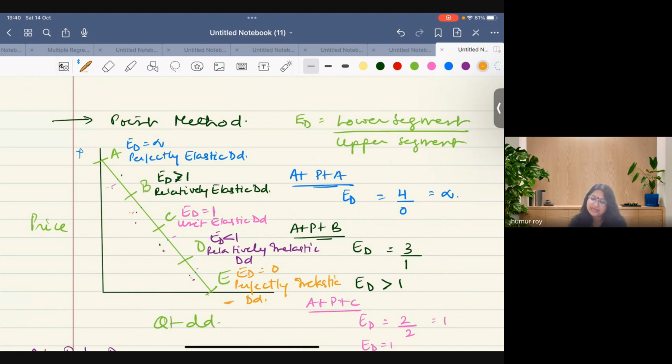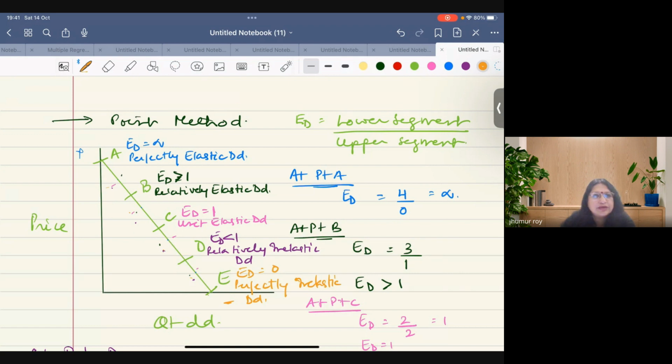And at point E, perfectly inelastic demand. So the elasticity of demand at different points of the curve is very different. I hope this is clear to all of you. These are two important methods for calculating elasticity of demand.